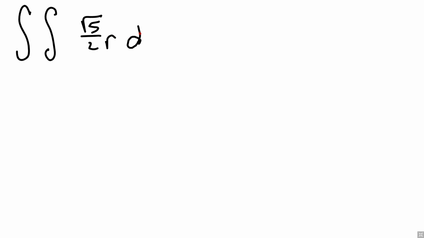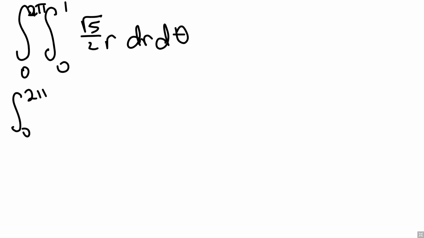So if we set this up, we have the double integral of square root of 5 over 2 r dr d theta, from 0 to 1 and from 0 to 2 pi. And then this should work out nicely.